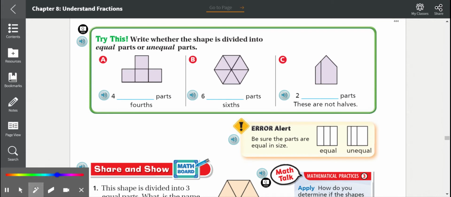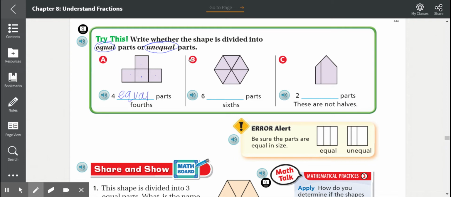Okay, try this. Write whether the shape is divided into equal parts or unequal parts. Look at part A. We have 1, 2, 3, 4 pieces here. Are those equal or unequal? They are equal.